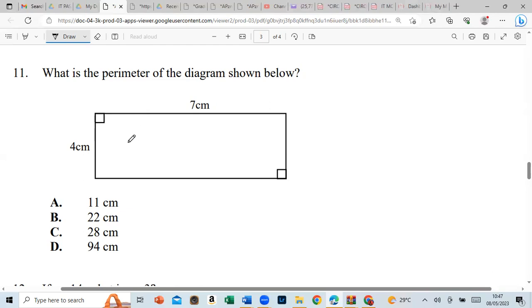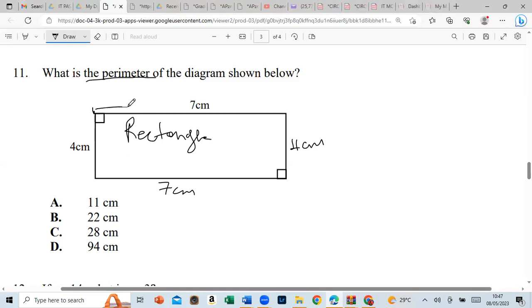So first of all, let us identify the shape. It's a rectangle. How do we know that? Opposite sides are equal, so this side is also equal to 7 centimeters, and this side is also equal to 4. So perimeter, notice the word perimeter, it means the total distance around.